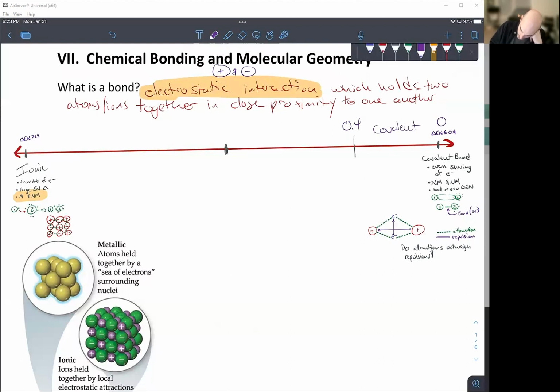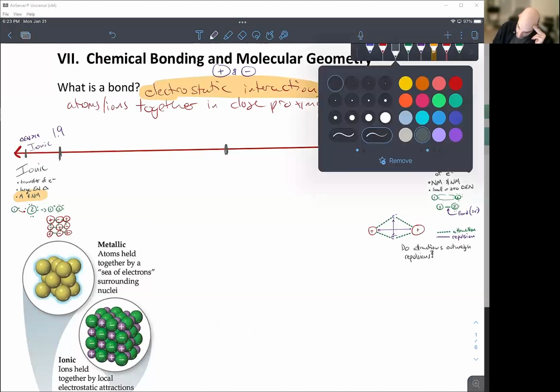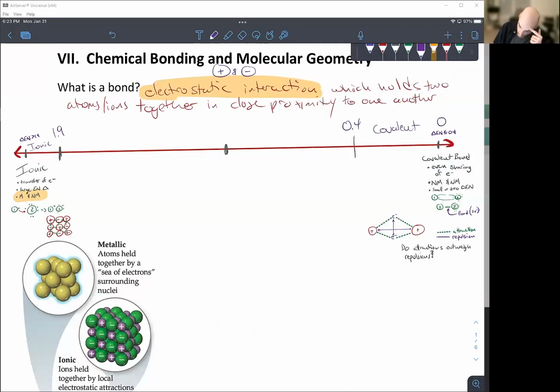And if this value up here, just to get us somewhere on the scale, if this up here was a delta En of 1.9, making this ionic and beyond, in the middle, we are going to have something known as, so it's still covalent, but we're going to call this polar covalent.